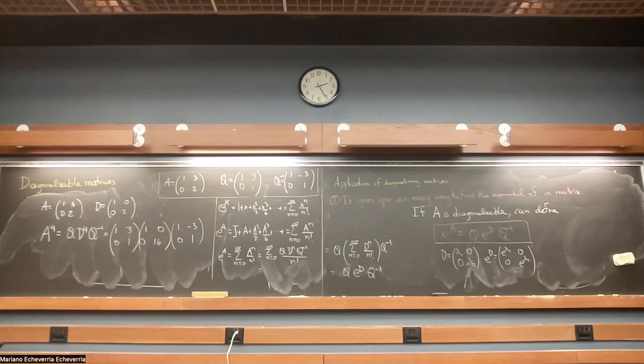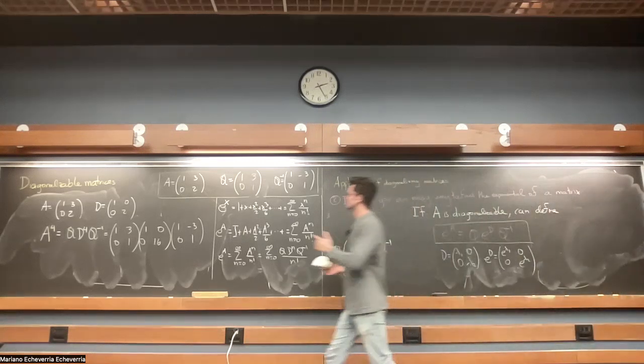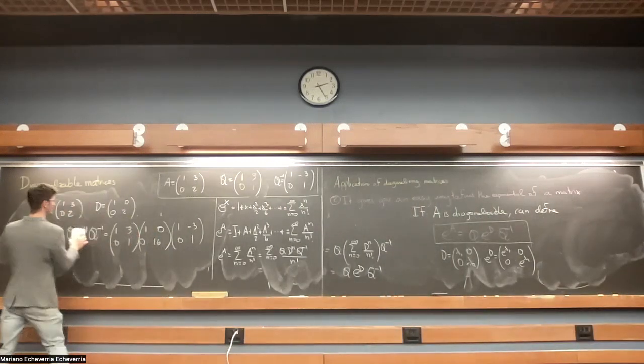So let's see how this looks. It's nice to see some exponential matrices in practice, so that you have a better idea that it does look like some exponential. It is not a bad name. It does have some exponential flavor to it. So let's see how it looks for this matrix.